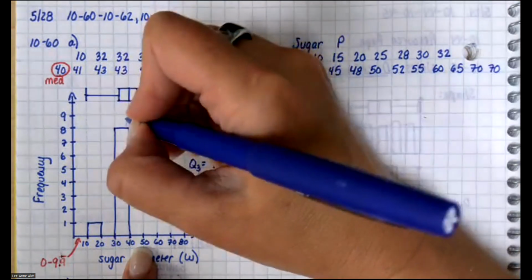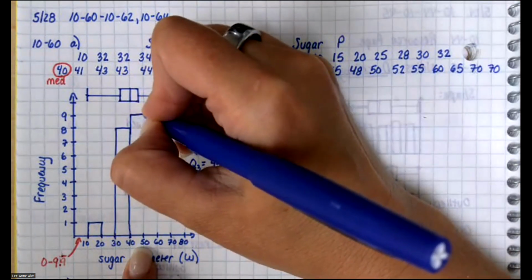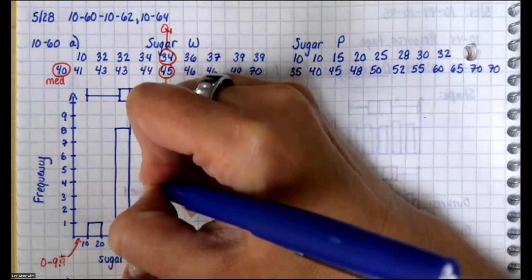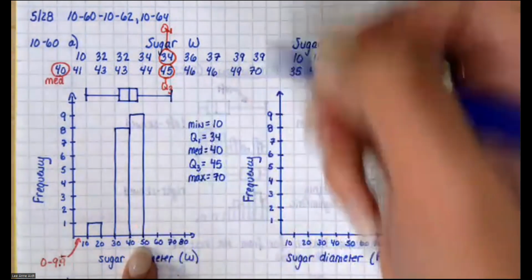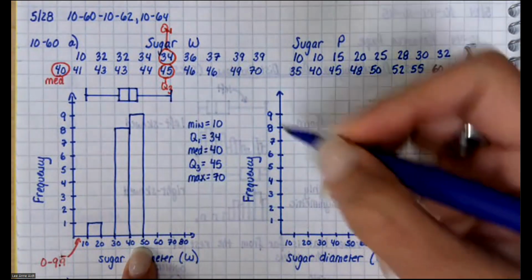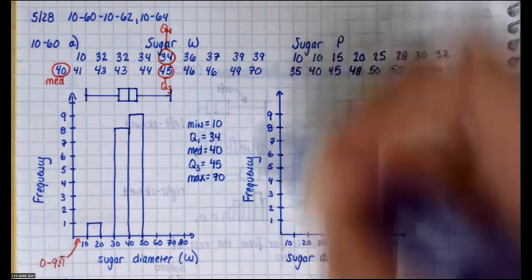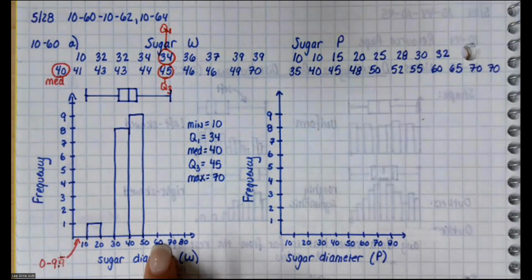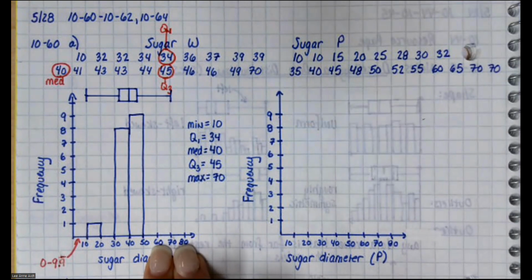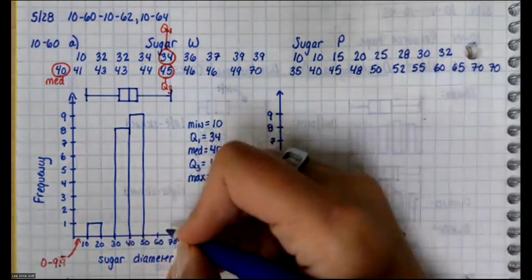Yeah, don't forget that 40 that I circled. Okay, and this last one is 70. This is the biggest question right now. Is the 71 going to go in bin 1 or bin 2? Bin 2.